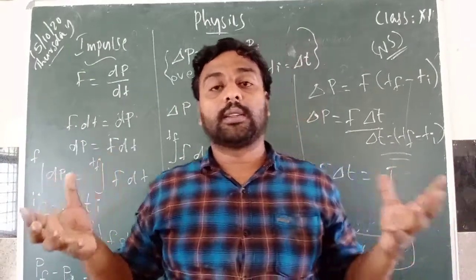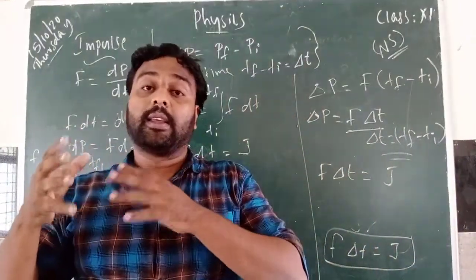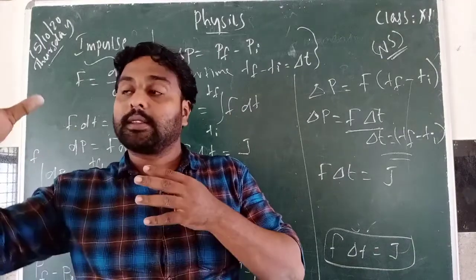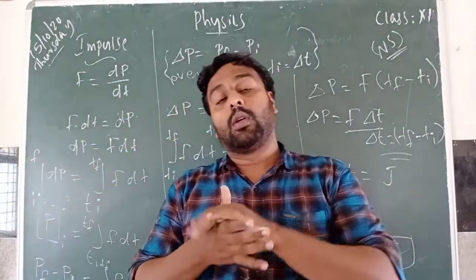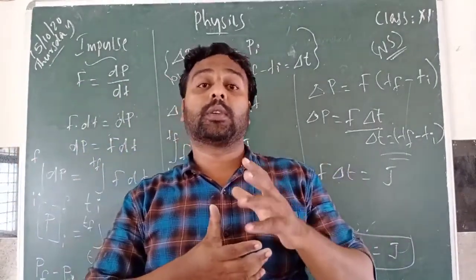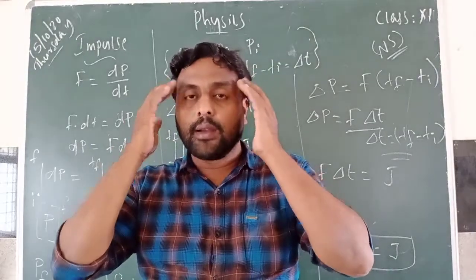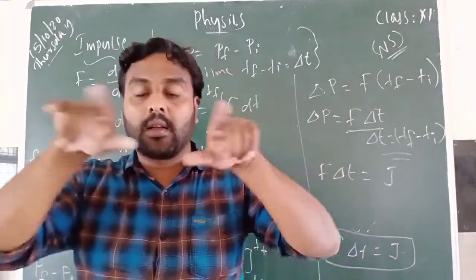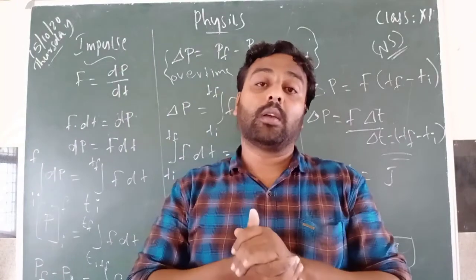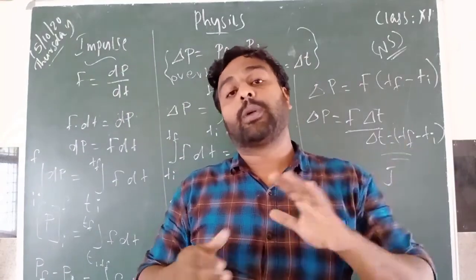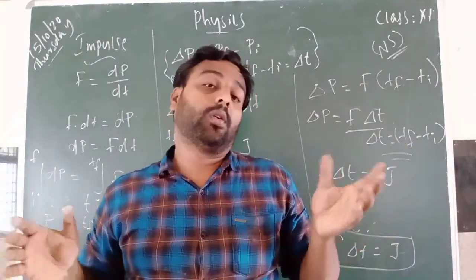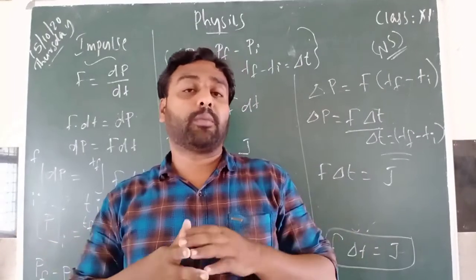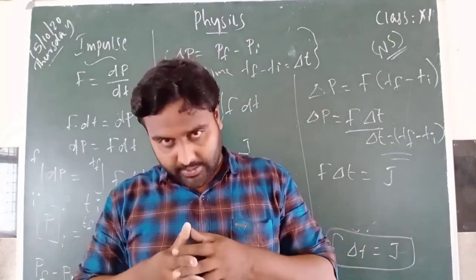So to avoid this sudden change in momentum, what will happen? There is a large force. Before, many people used to get their head hit on the steering or dashboard, so they would get hurt. People died fast. Now, in all cars, they use airbags to reduce this impact.